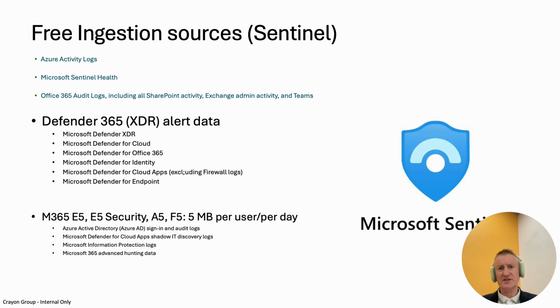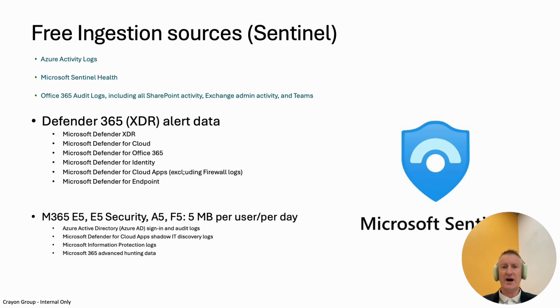As well as that, if you're using Business Premium, and I think E3 as well, you are able to use a connector to get Defender 365 alert data into Sentinel too. So this is not the log data, but this is the alerts and things that are happening. And typically, the sources that these are coming from are things like your Defender for Office 365, Defender for Identity, Defender for Cloud Apps, and Defender for Endpoint.